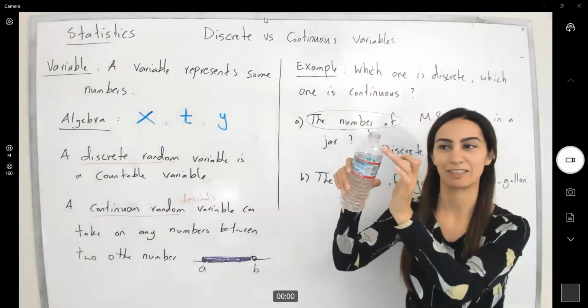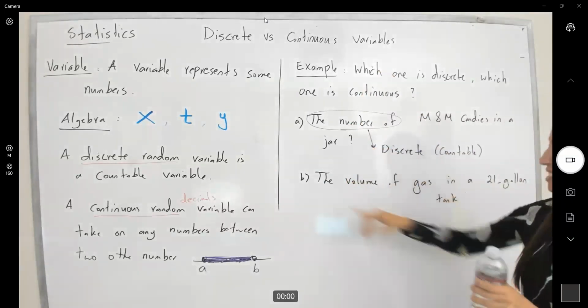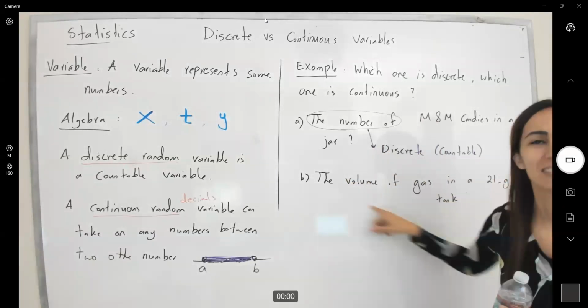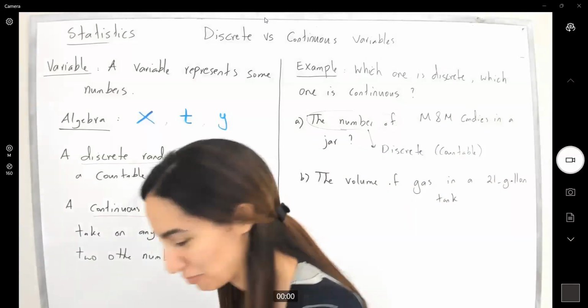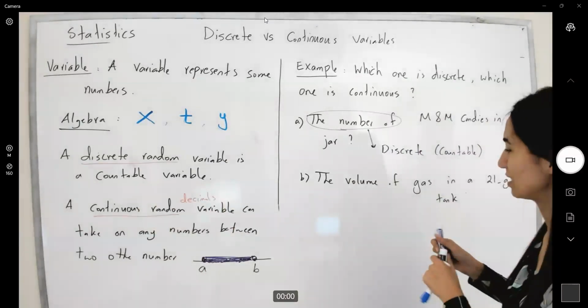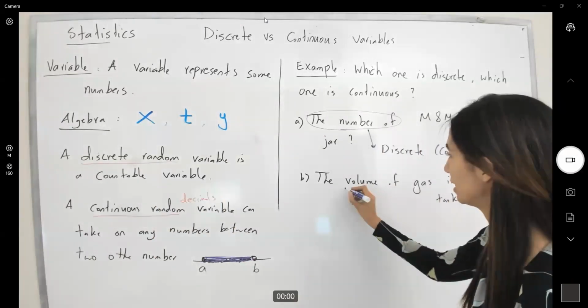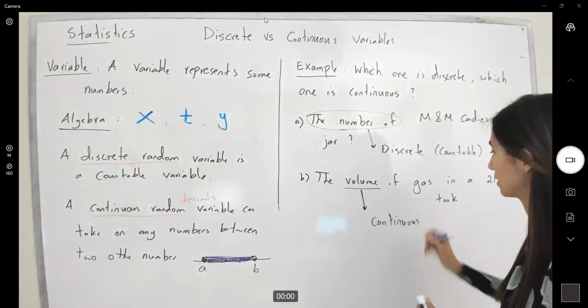The volume is uncountable, because we cannot count the number of drops. The volume and the area are all examples of continuous random variables.